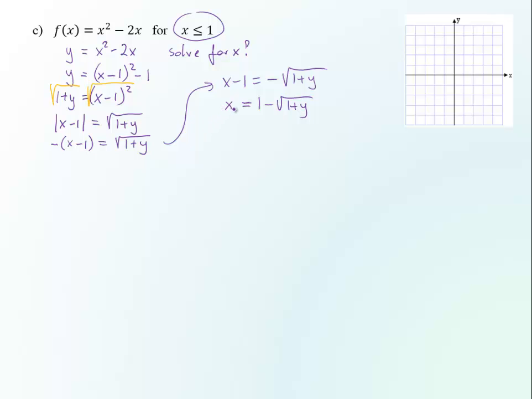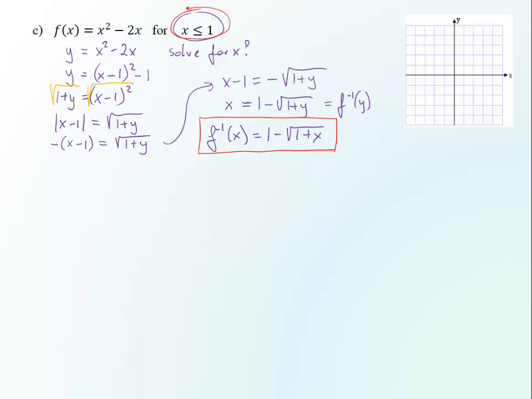Now to rewrite this as a function in terms of f to the minus 1 of x, this is the same as f to the minus 1 of y, which is here, right? But we want to rename the y in terms of x, so you have 1 minus root of 1 plus x. So that's our inverse function, providing that we have a restricted domain of x's smaller or equal to 1.